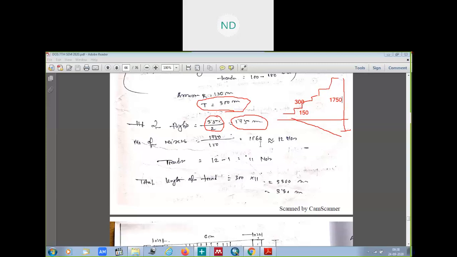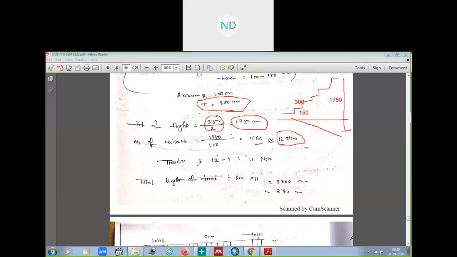So we got it to be 11.6, and it cannot be a fraction, so we will provide 12 risers. Generally the number of risers is restricted to a maximum of 12.